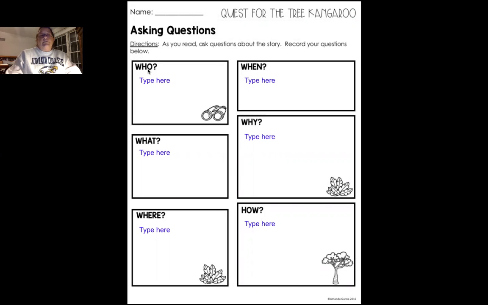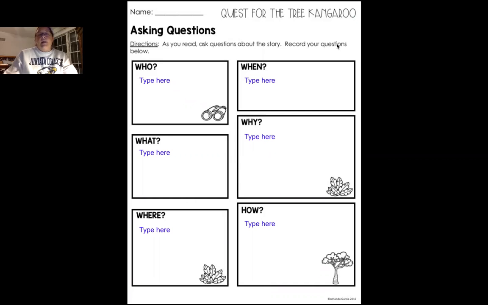Some questions that start with the word who, some that start with when, why, what, where, and how. This is a great strategy for thinking about informational text because you can usually figure out the who, the what, the when, the where, and the how, and the why. Because it's informational, there's a purpose to it.